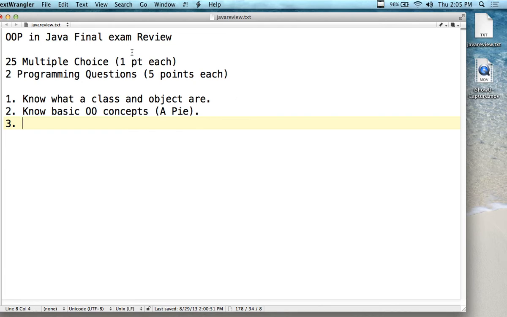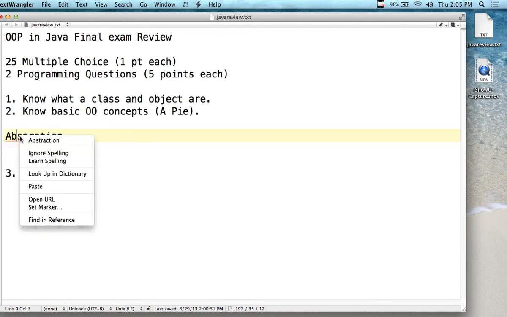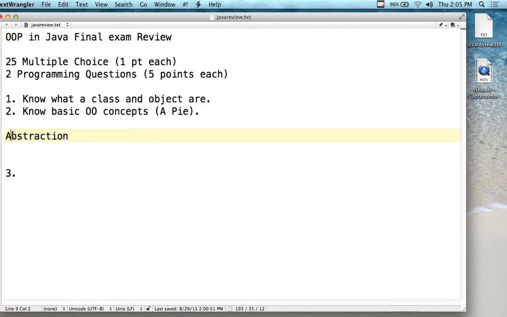All right, so let's put it here. This is the lovely part about writing this out. Abstraction. Did I spell that right? So we do it like this here. There we go. That's why I like computers. Polymorphism.